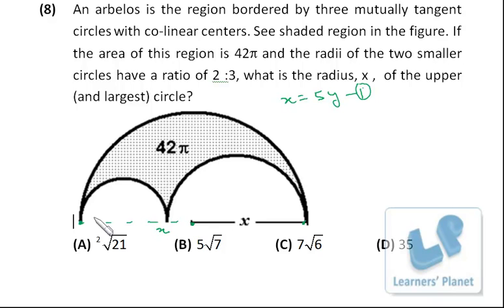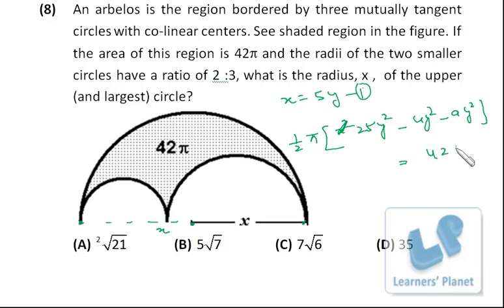Now the area of the shaded region will be obtained by the area of this region minus this, right? So basically the area of a semicircle is half pi r square, so half and pi can be taken as common. Now r square, that is x square, and x square I can write down as 25y square, minus the area of this semicircle, that is 4y square, since 2y is the radius, minus 9y square, and that is actually 42 pi.